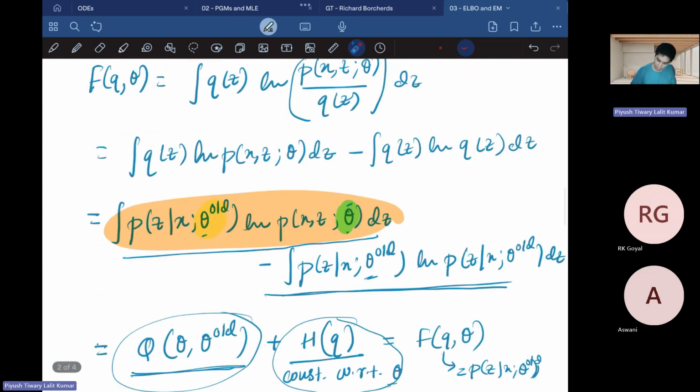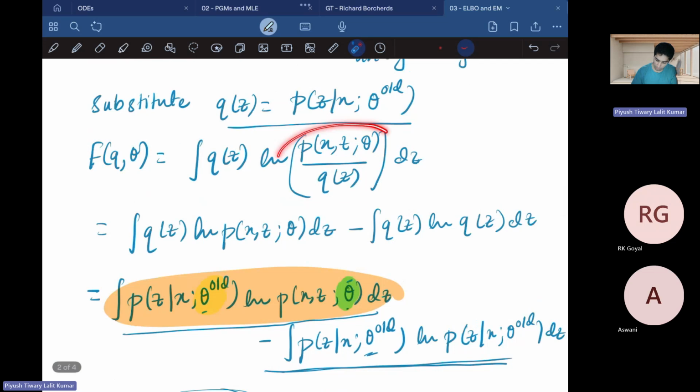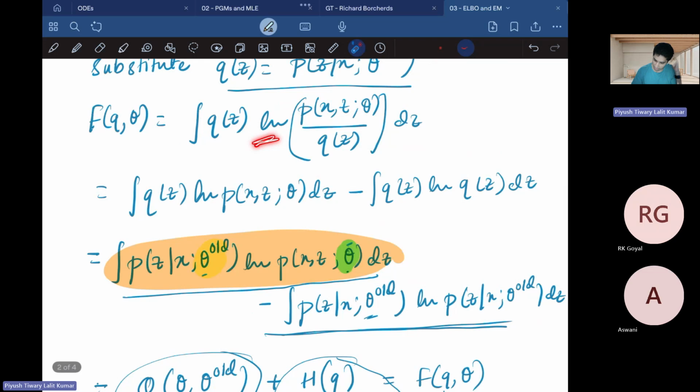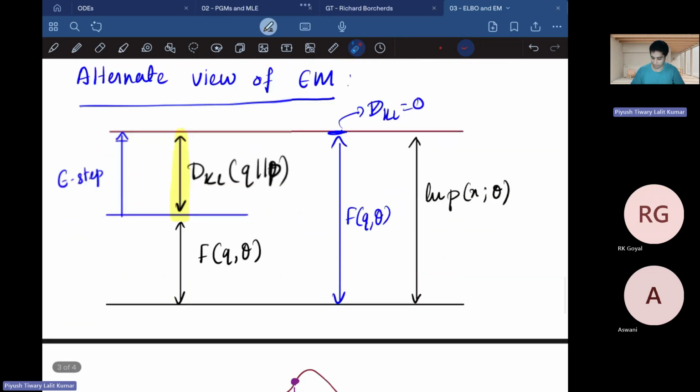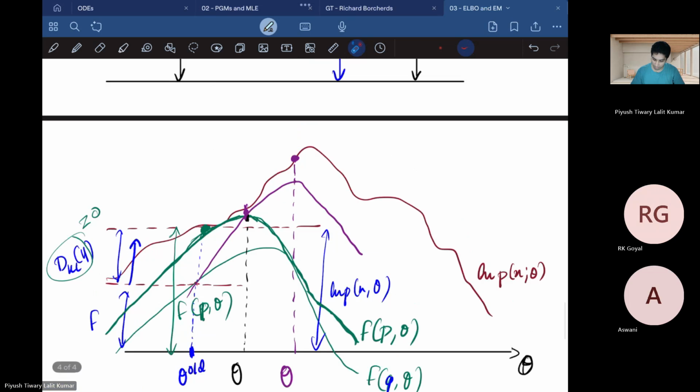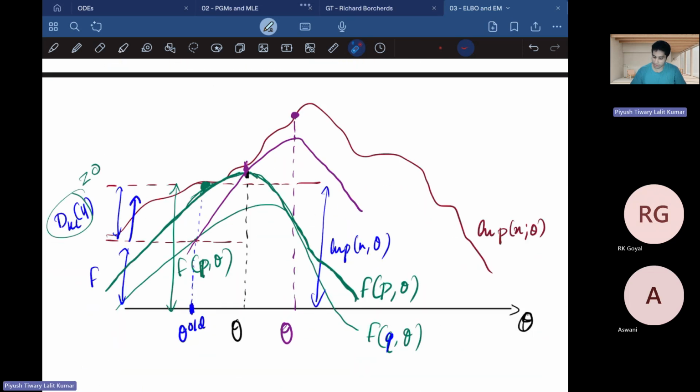For example, your elbow had these two terms, right? It had this ratio. But because it was log here, you were able to discard this term here. That is why log helps in calculation rather than in the overall idea. It helps more in calculation.